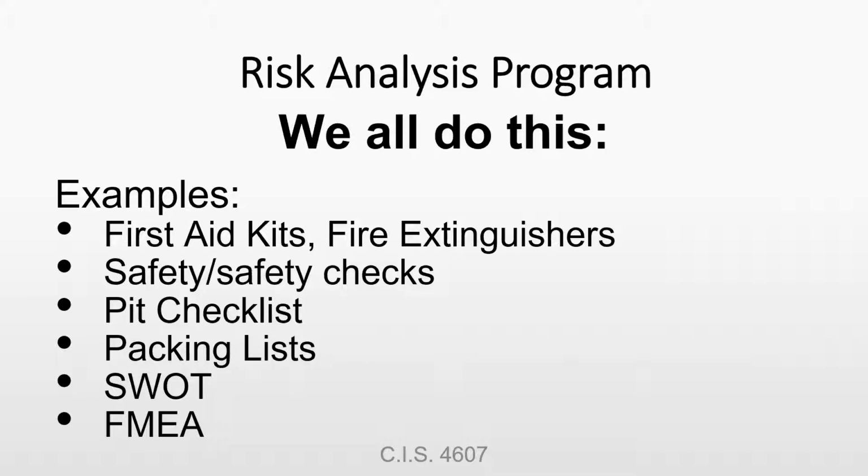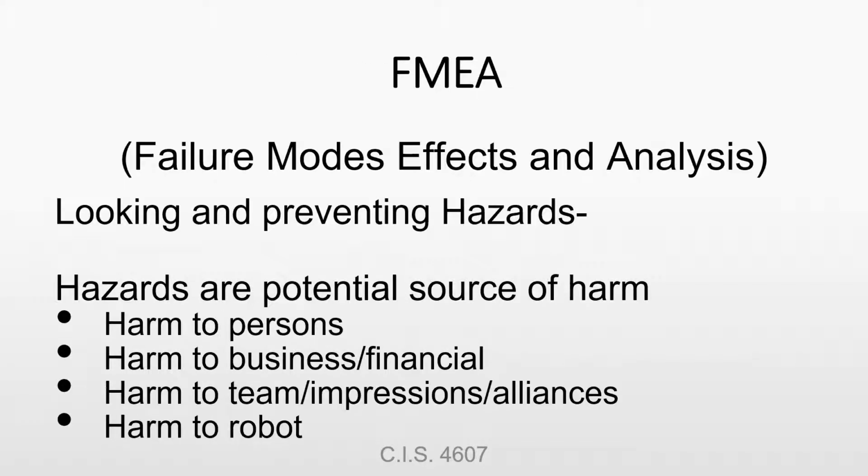In our safety, we have a pit checklist, packing list, and just our SWOT analysis. We also do FMEA. So we look for preventing hazards for harm for our people, our business, team, our alliance, and our robot.